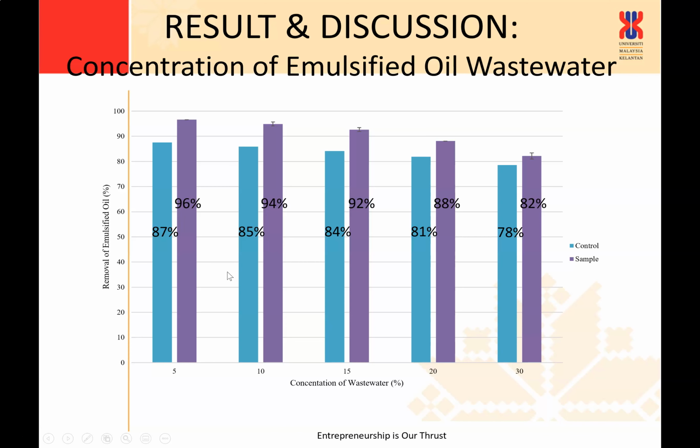The removal percentage for the control experiment dropped from 87 to 78%, while the removal for the sample experiment declined from 96 to 82%. The reason for the reduction in oil removal is the saturation of active sites on the adsorbent surface at higher concentration.